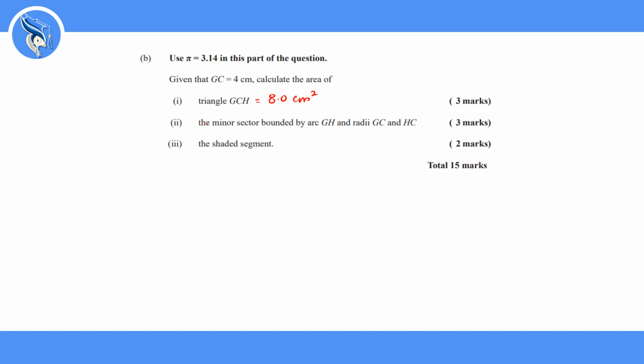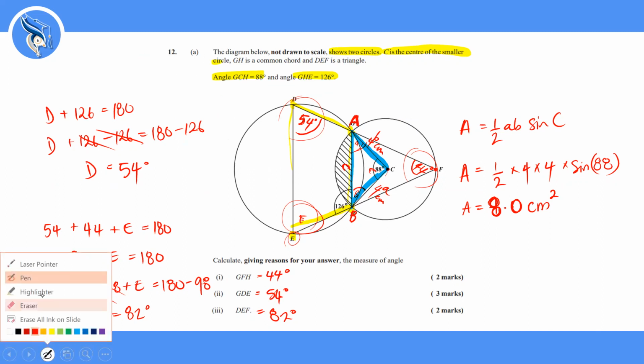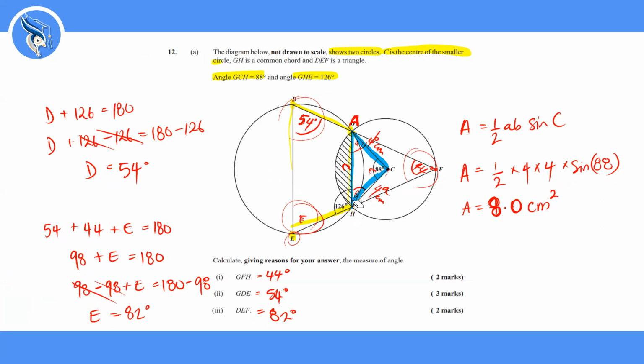Now you need to find the area of the minor arc bounded by arc GH and radii GC and HC. GC and HC are radii, right? The radii that we found to be 4 centimeters. It's a bit messy, but stay with me.